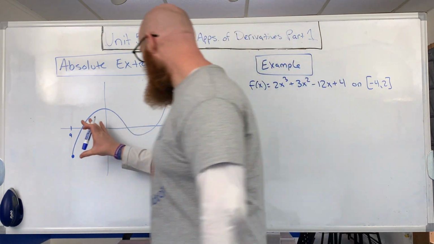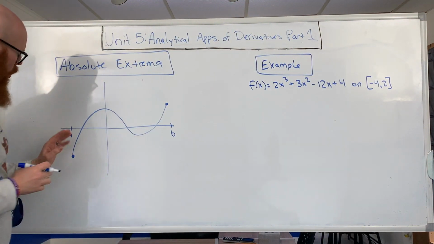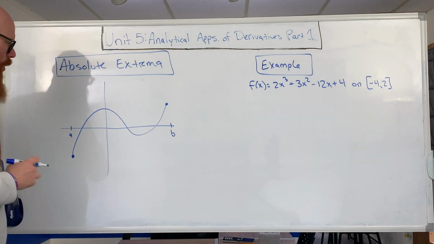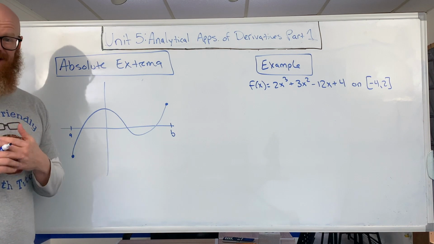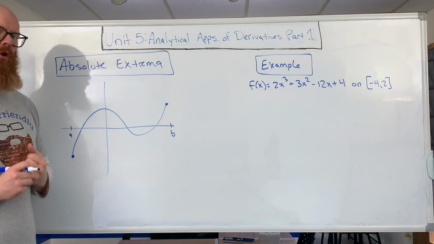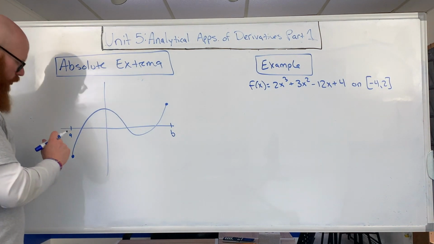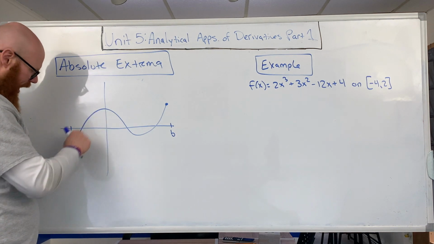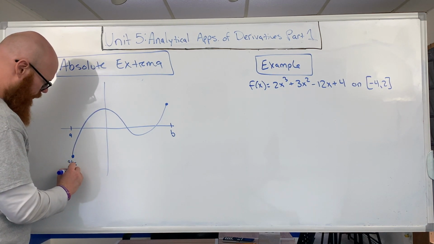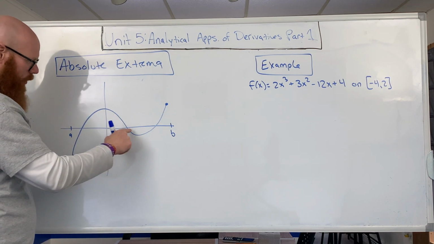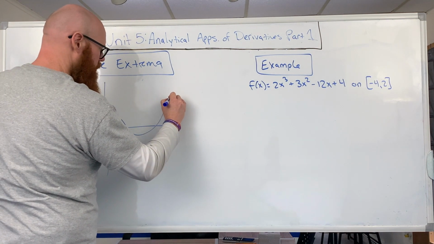And what we're going to do is look at it graphically. So on a specific interval, we're going to look at the absolute highest value and the absolute lowest value. So for right now, the way that this is set up, the absolute lowest value is this. So this is the absolute minimum. And then as we go, the absolute highest value is this.